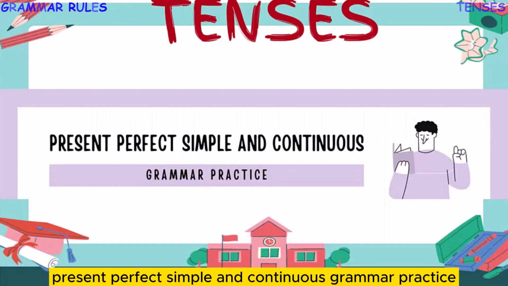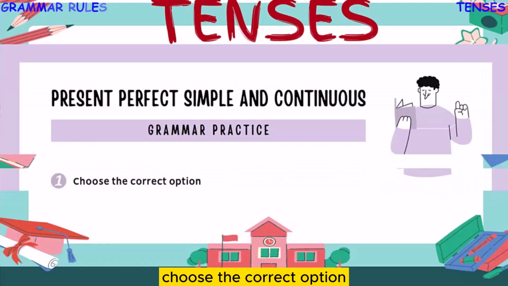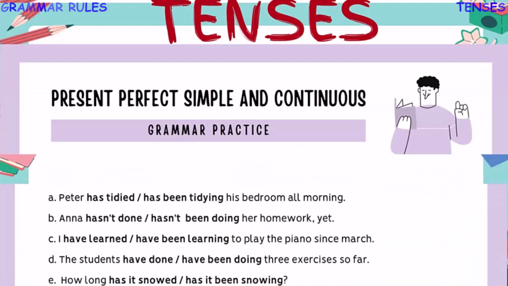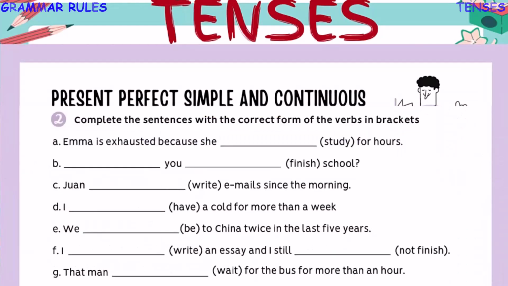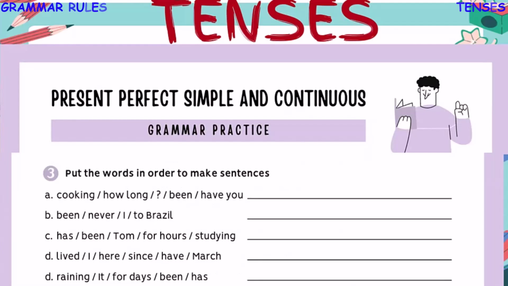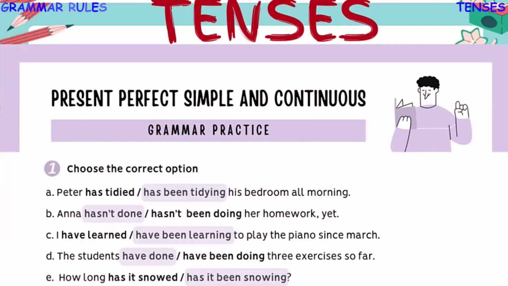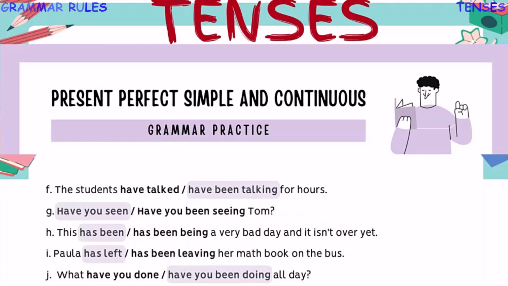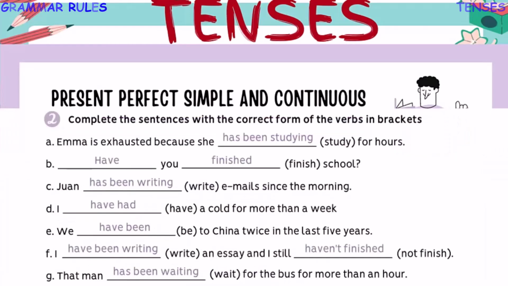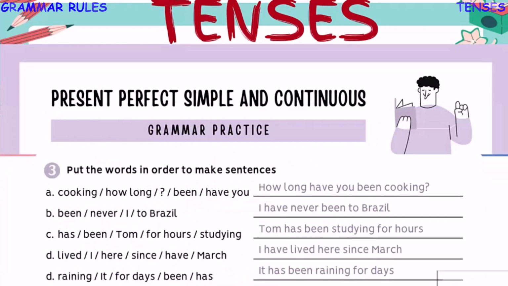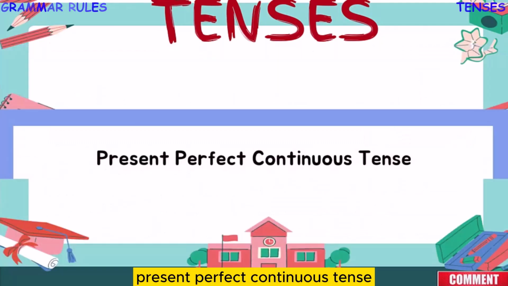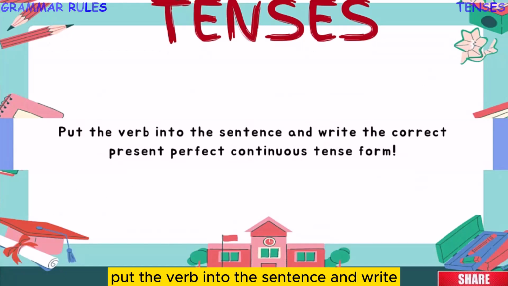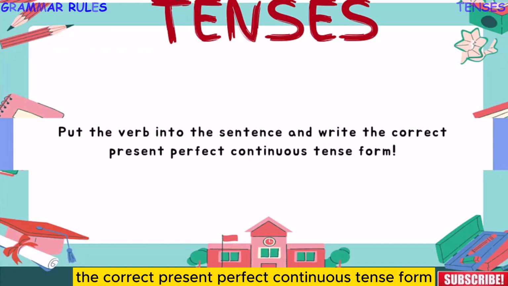Present perfect simple and continuous. Grammar practice. Choose the correct option. Present perfect continuous tense. Put the verb into the sentence and write the correct present perfect continuous tense form.